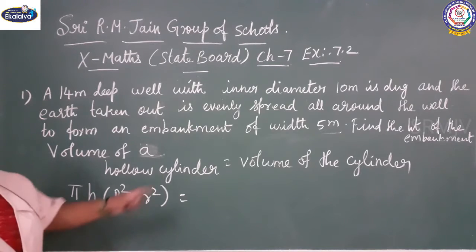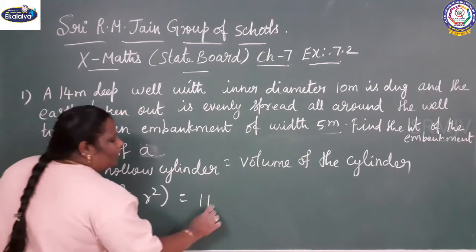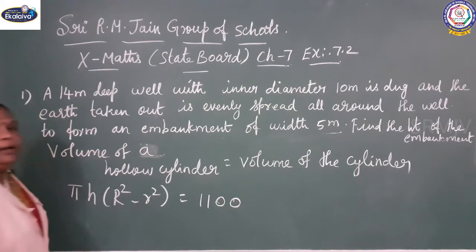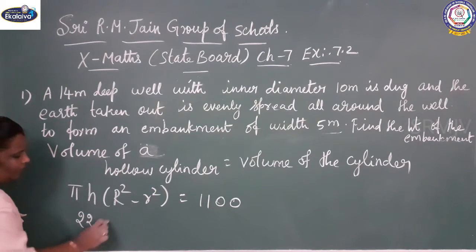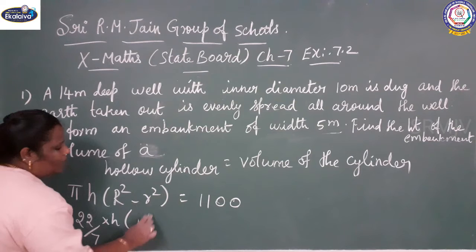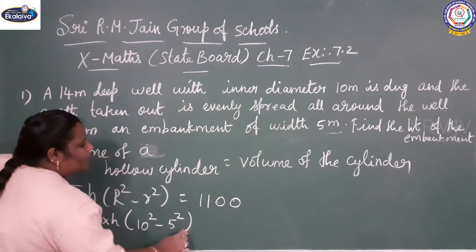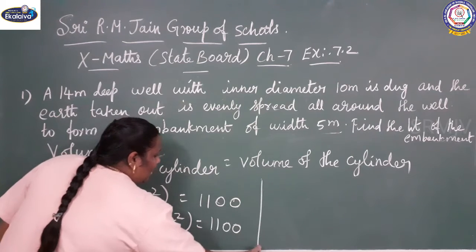We already got the value of the volume, which is 1100. So pi is 22 by 7, into h, into R square minus r square, that is 10 square minus 5 square, equal to 1100.